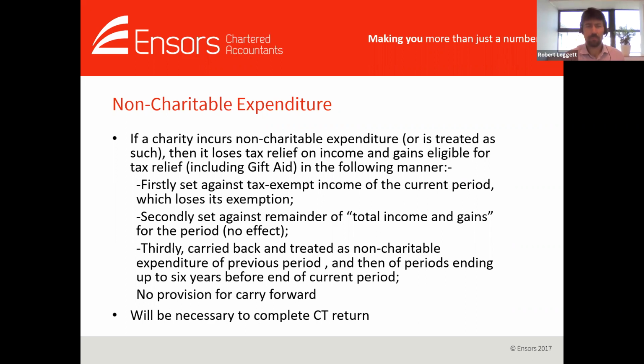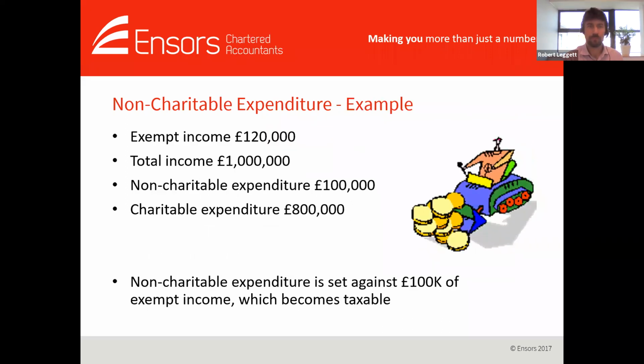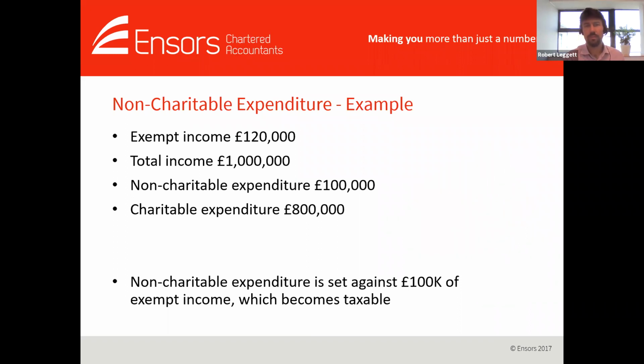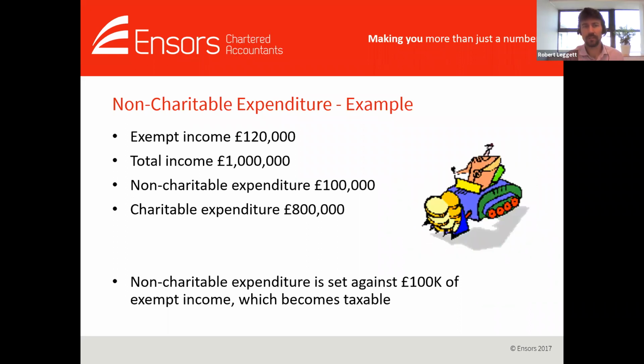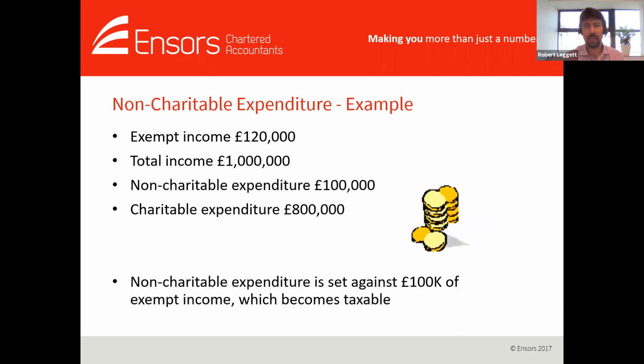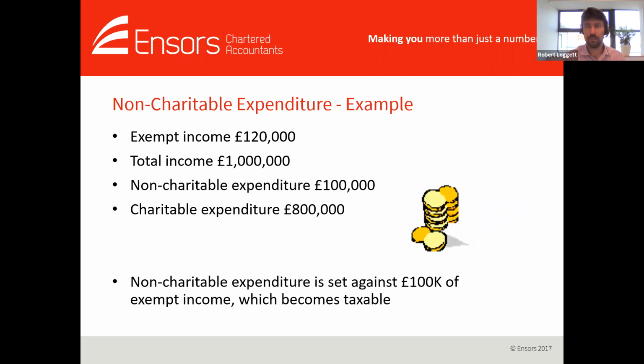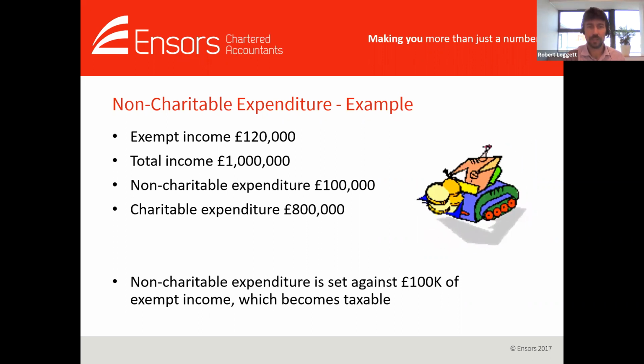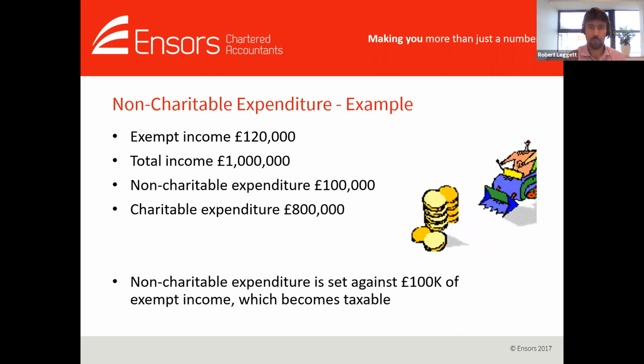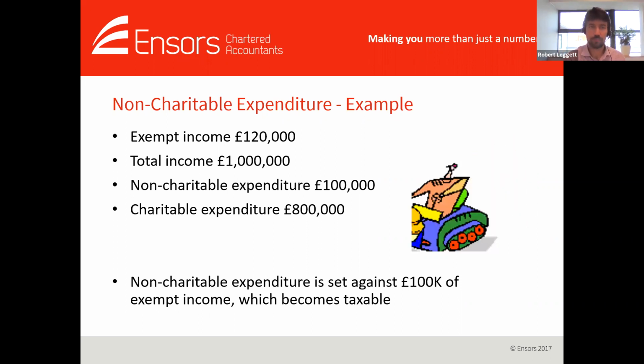I explained, I'll breeze over this one, but I explained that if we have non-charitable expenditure, it results in a taxable profit arising, and there's an order of set-off to calculate that. So just by way of example on that, if we have exempt income of £120,000, so those are the taxable types of income, but on which we should be claiming an exemption.